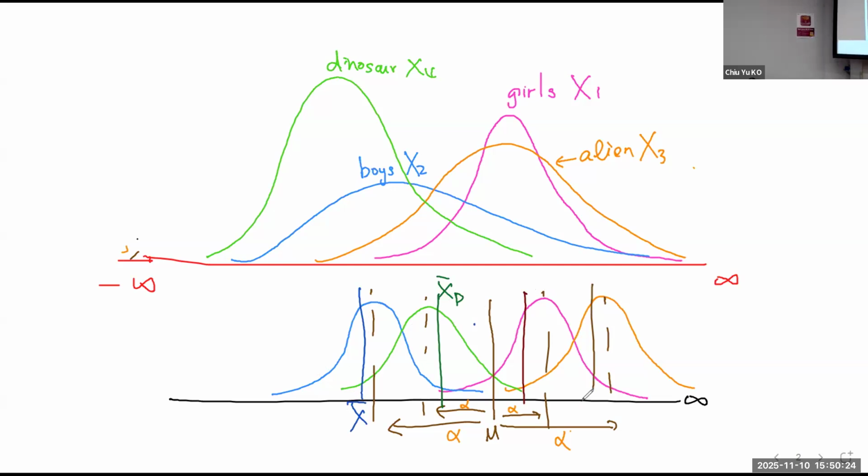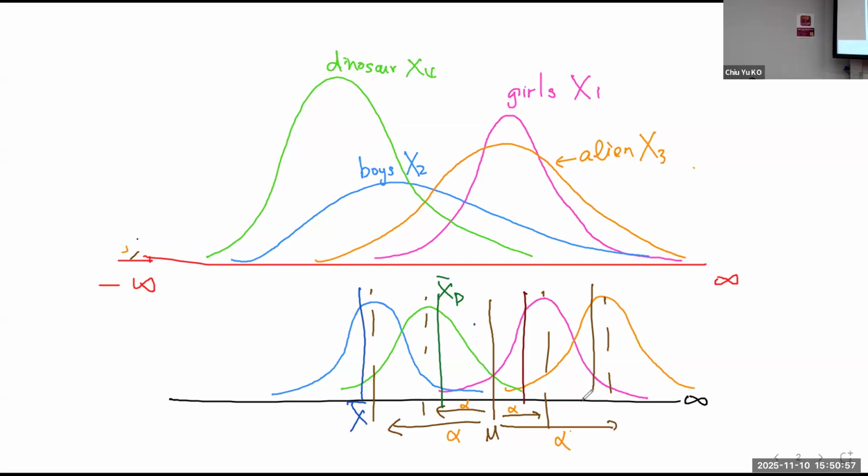Look at the variation of each group mean. Then I can calculate variance as well. Let me repeat what I'm doing. Look at group, all the boys. You have the sample mean. Remember this sample mean also follows randomly, and this dinosaur also the group mean.